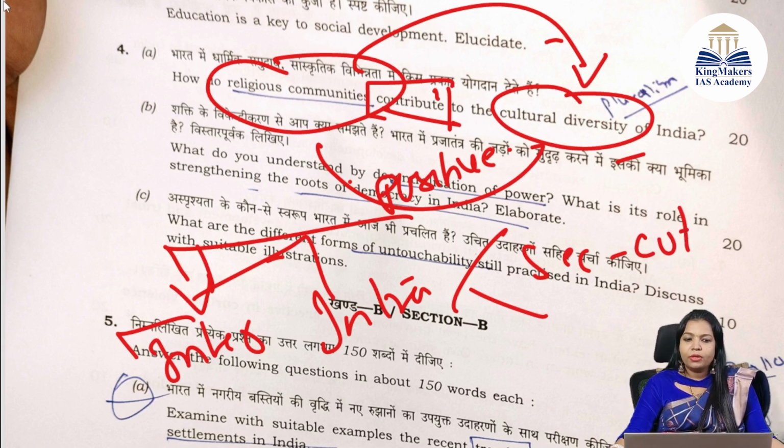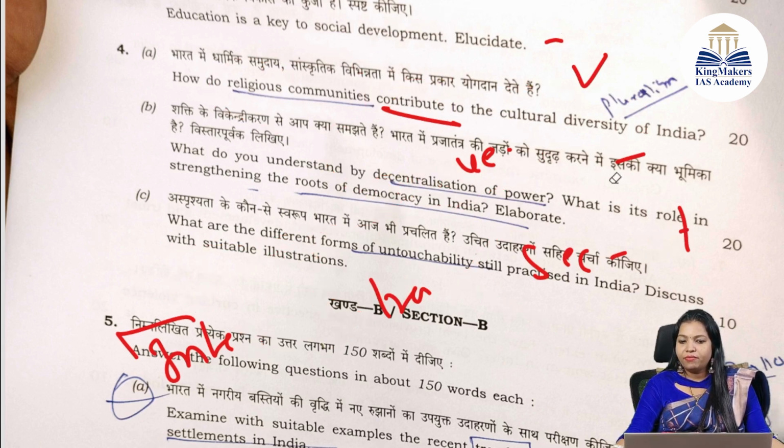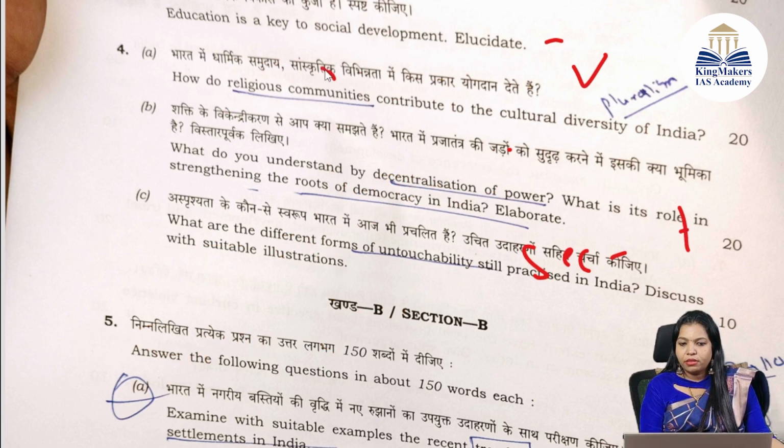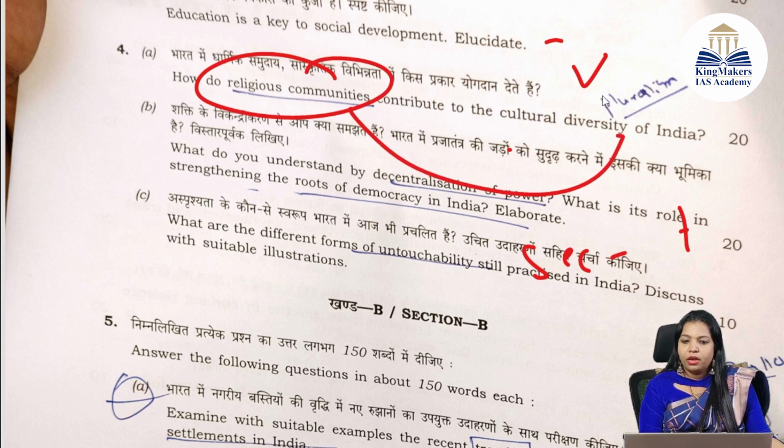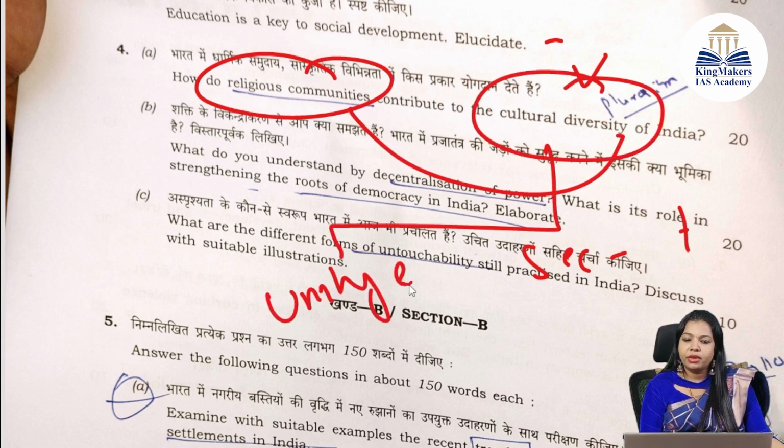Okay, so for religious communities the GS angle again we have to write, and we have to make it sociological. Then religious communities, like intra-religious and inter-religious, we have to say. How they contribute to cultural diversity is unity in diversity because of the religious communities.